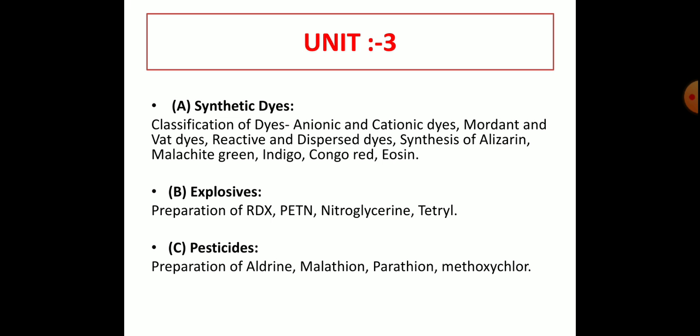Part A, that is synthetic dyes, contains classification of dyes, anionic and cationic dyes, mordant and vat dyes, reactive and disperse dyes, synthesis of alizarin, malachite green, indigo, Congo red and eosin.